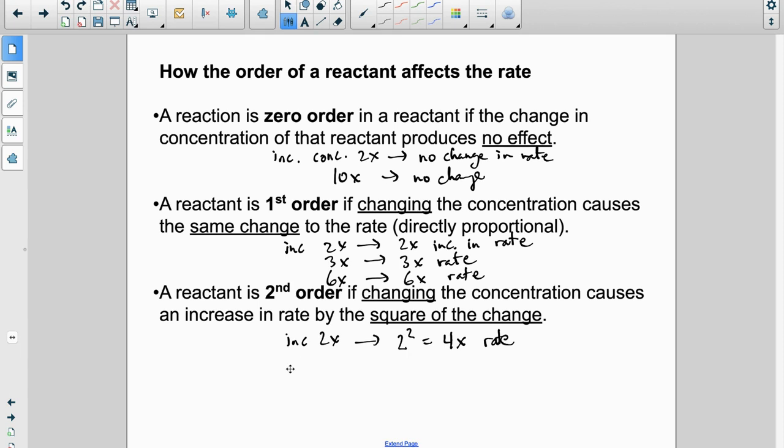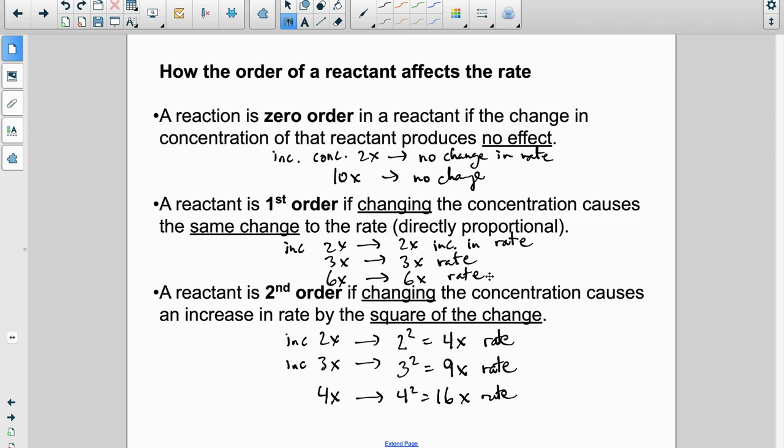What if you change it 3 times? Now the rate will be 3 to the second times greater, 9 times an increase in rate. If you increase the concentration 4 times, the rate goes up 16 times. 4 squared is 16.